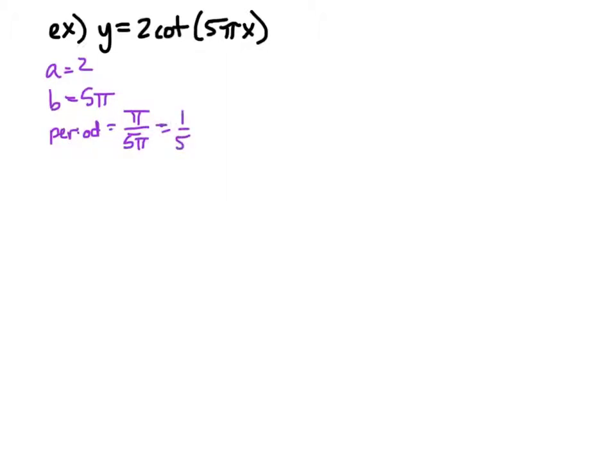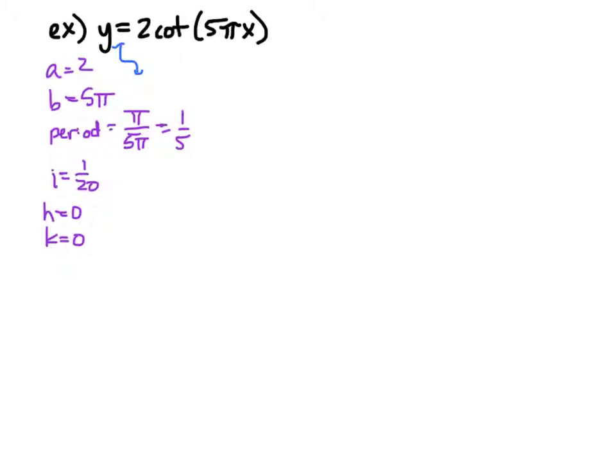And then dividing that by 4 will give me the increment, or multiplying it by a fourth. So the increment is 1/20. We have the h is 0, and the k is 0. And looking back at this a of positive 2, will this function increase or decrease? Decrease. Yeah, we know it's going to decrease.